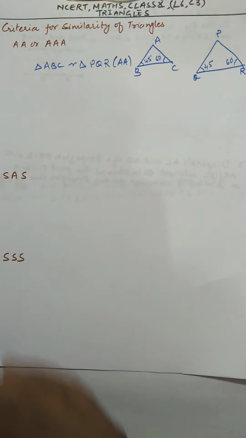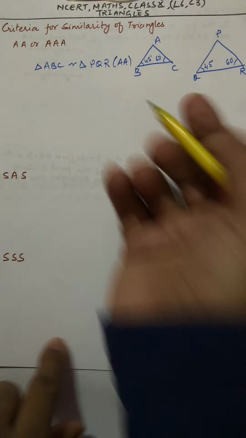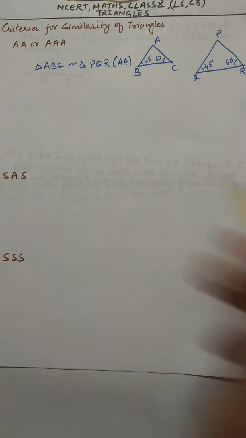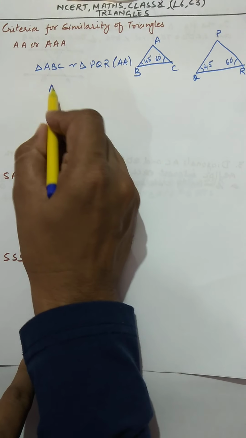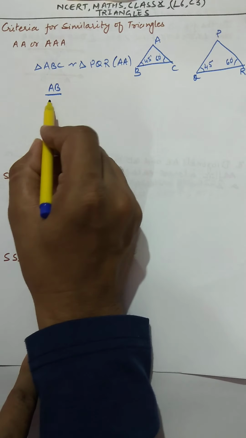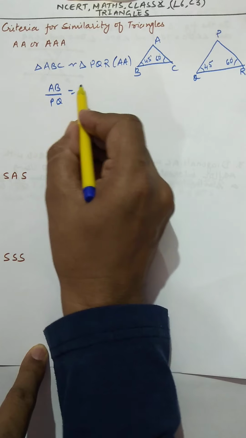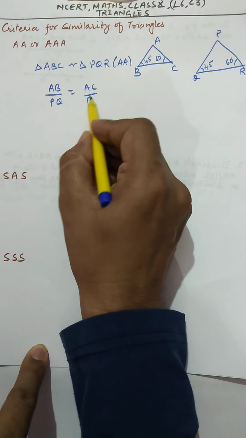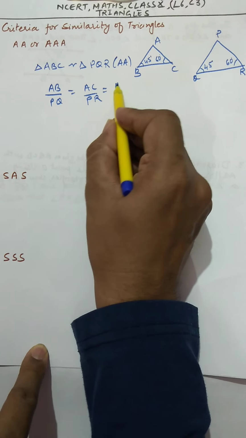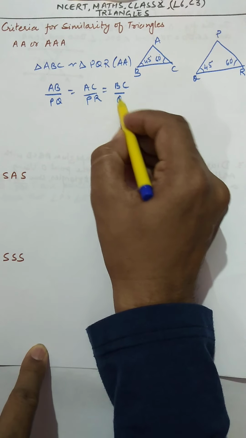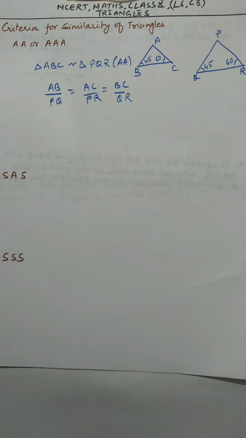Now if these triangles are similar, then we can get some other important results also: AB upon PQ, AC upon PR, and BC upon QR. This is like the results you used to get in congruency of triangles, where you were saying CPCT.